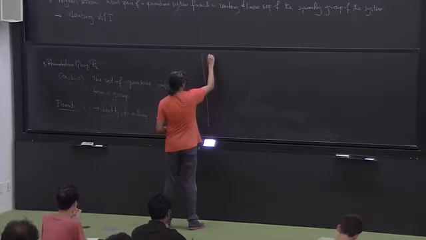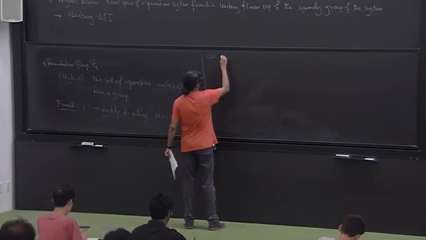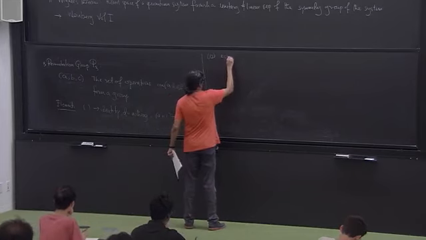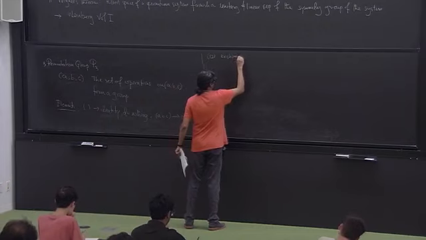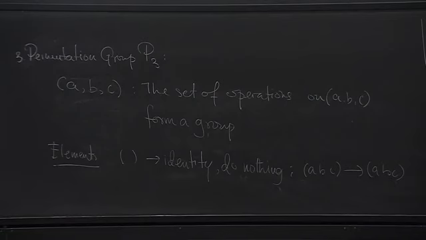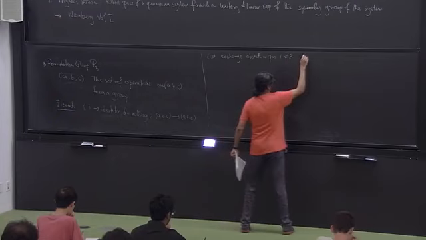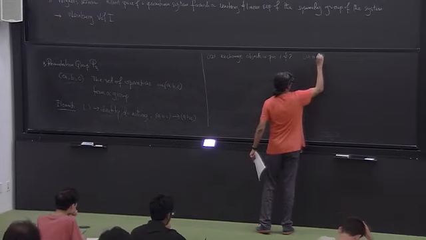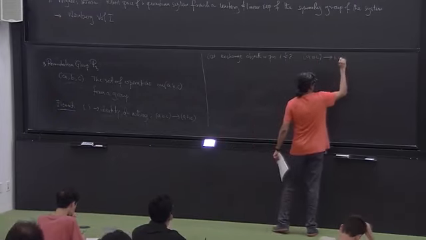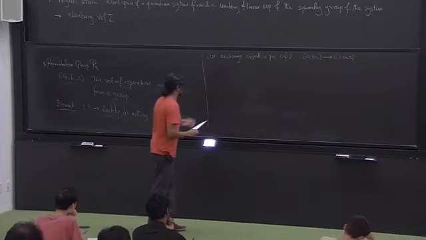The next element is (1 2), which is like exchanging the objects in position 1 and 2. So if you start with ABC, you end up with BAC.